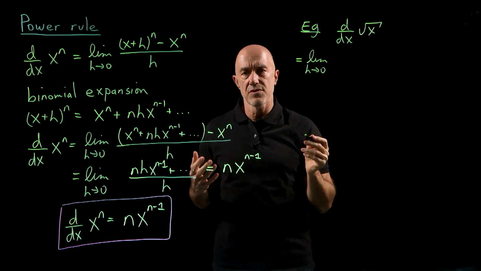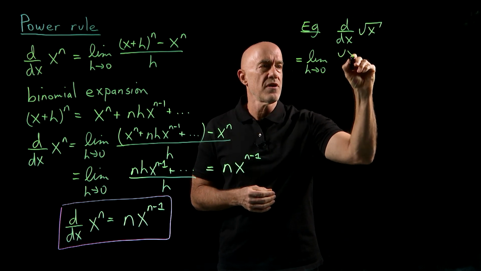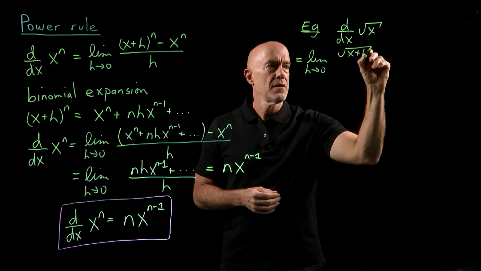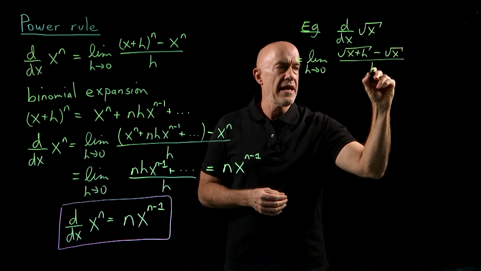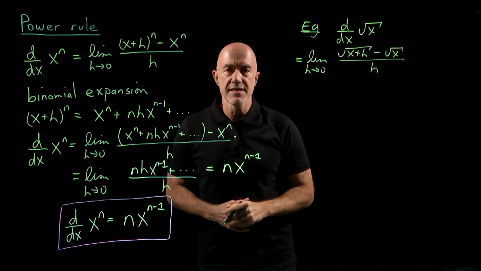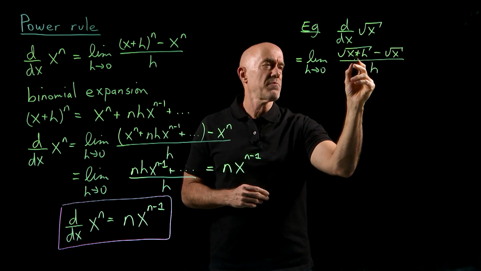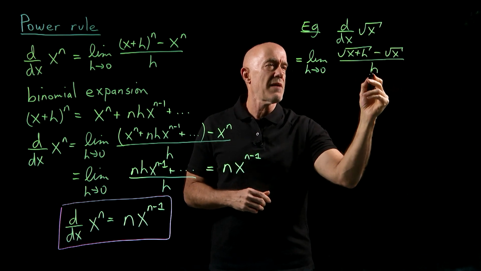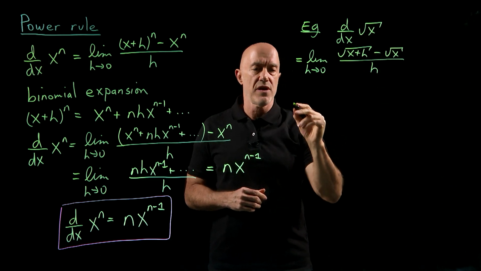We go back to the definition of the derivative. This would be the square root of x plus h minus the square root of x, divided by h. Again, we have a 0 over 0, but we can clear that if we multiply the numerator and the denominator by the square root of x plus h plus the square root of x.